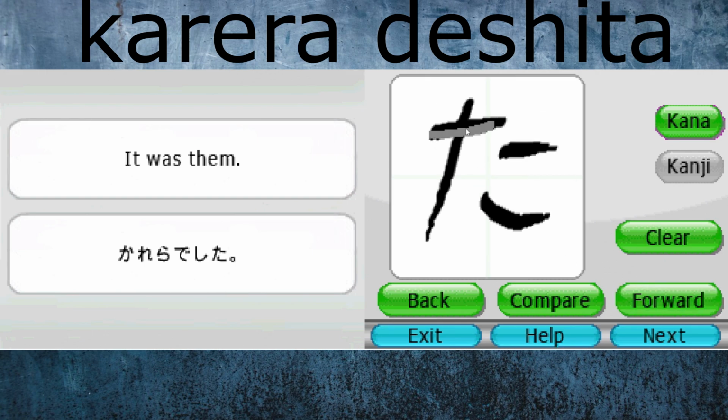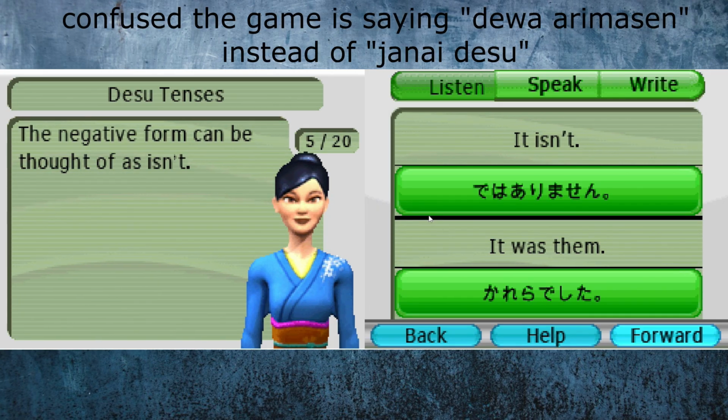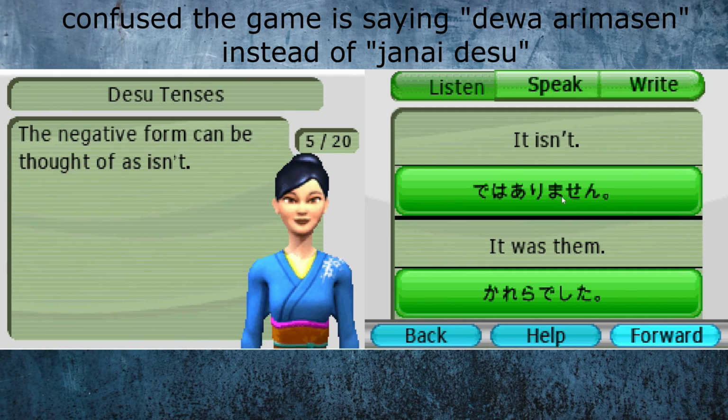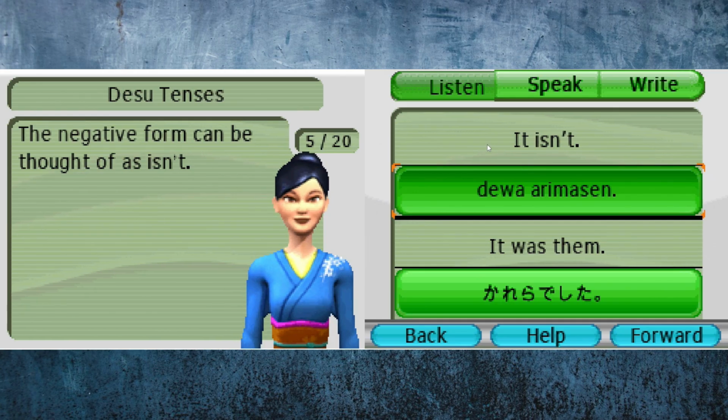The negative form can be thought of as isn't. So the negative form of desu is, wait, aru is a different verb to say that something exists. It's hard to explain, but I guess dewa arimasen means it isn't. Well, it's possible I may have forgotten what this is.